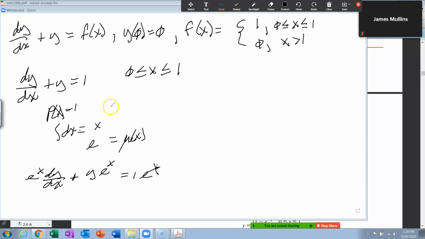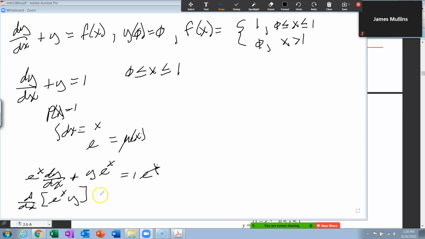So we multiplied both sides by the integrating factor. Now supposedly this left-hand side, if I can find my pen, here it is, should be d/dx of the integrating factor e to the x times y.